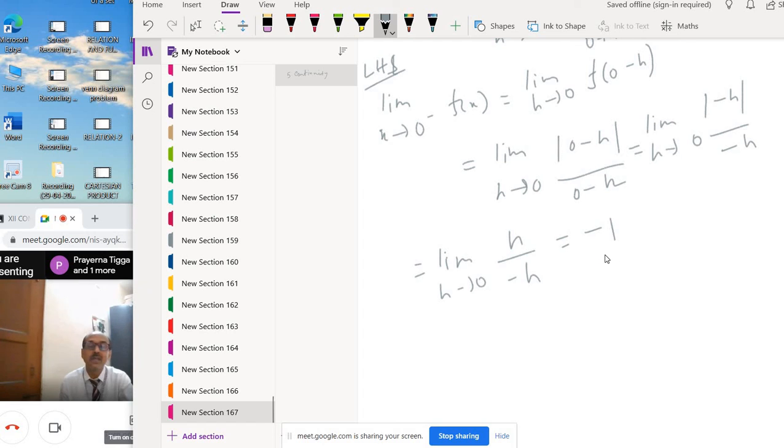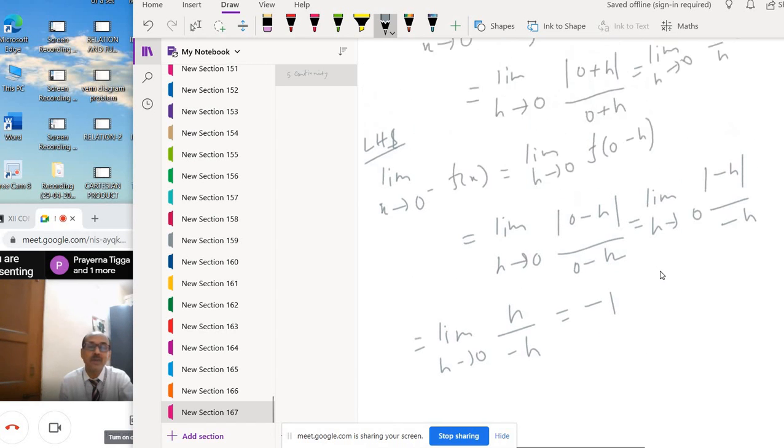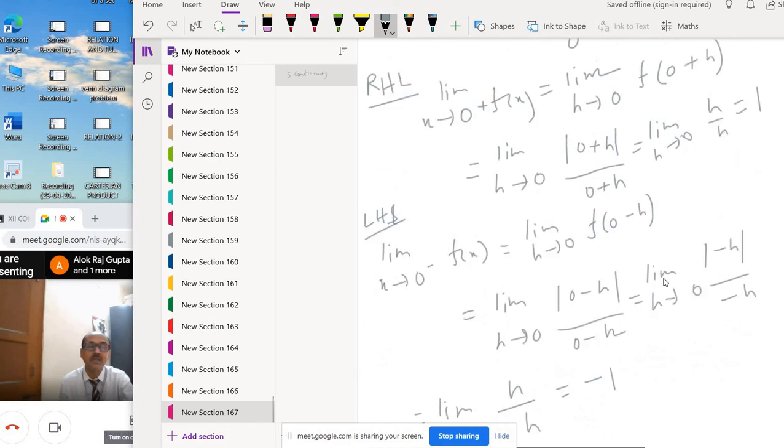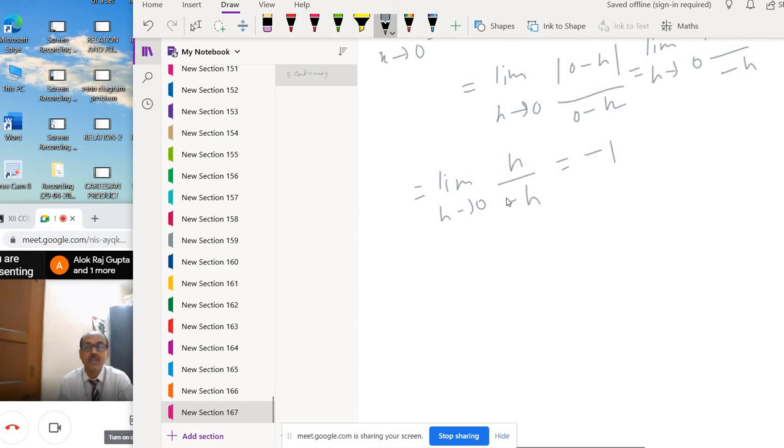Now you see, the left hand limit value is minus 1 and the right hand limit value is 1. So these two are not the same. That means not continuous at x equal to 0, because it is not the same. Therefore the left hand limit is not equal to the right hand limit.